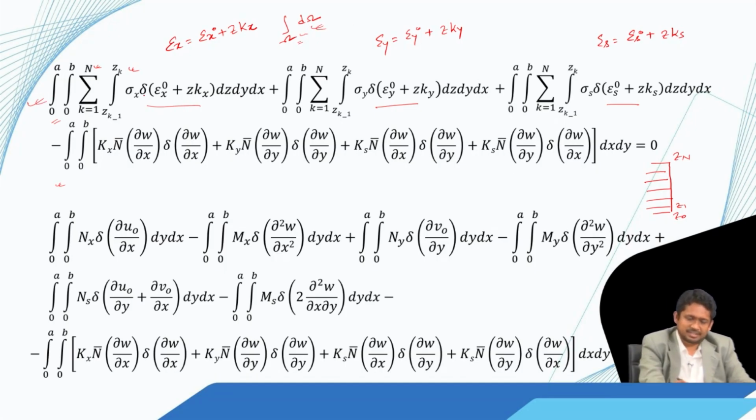Now, we know that if I integrate sigma x over the thickness of each ply and sum it over, we get Nx.